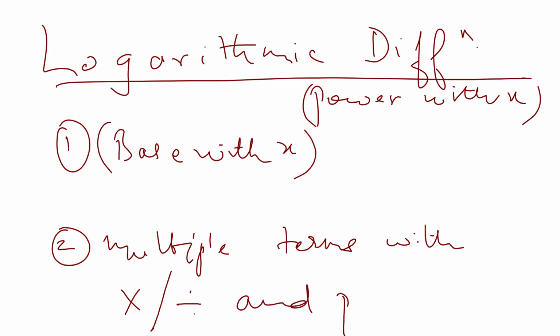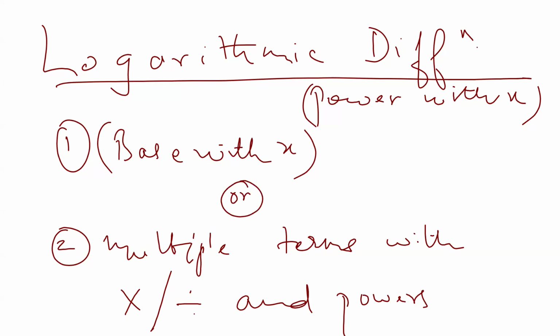So base with x and power with x, and multiple terms with multiplication and or division with powers and indices. Okay, so I'll take some basic problems so that you people are well aware of how to proceed.